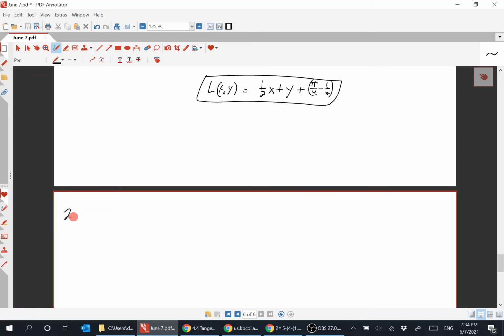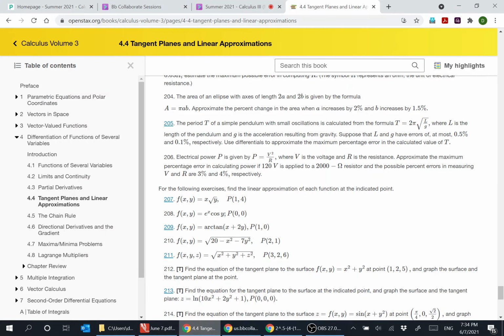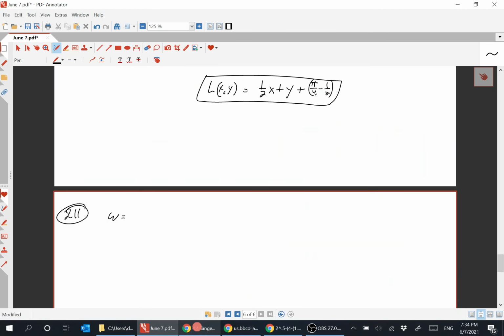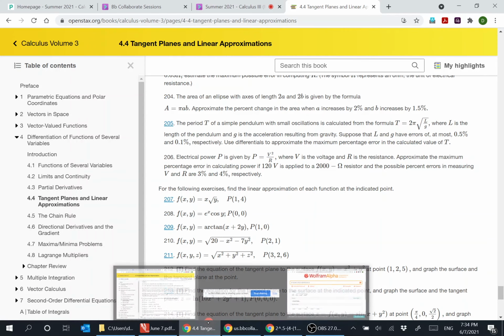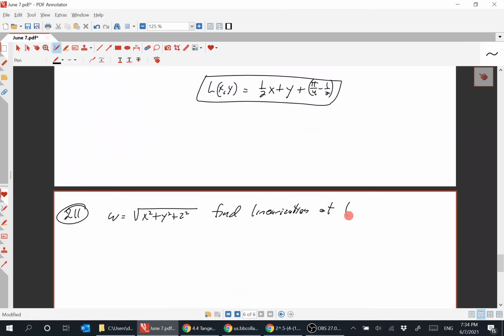So for 211, you have the 3-variable function w equals square root of x squared plus y squared plus z squared. Find the linearization at the point (x, y, z) equal to (2, 3, 6).